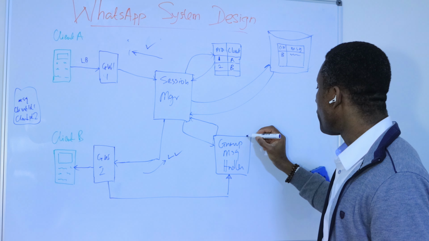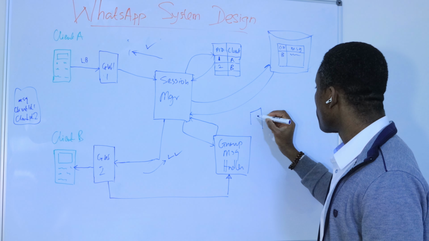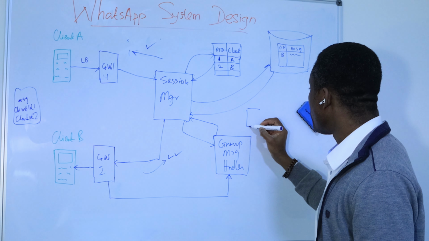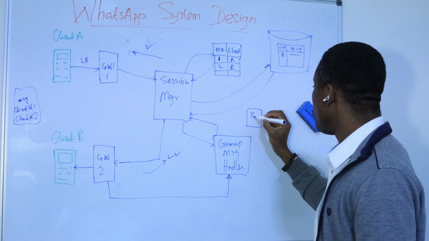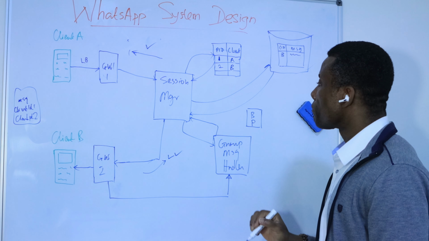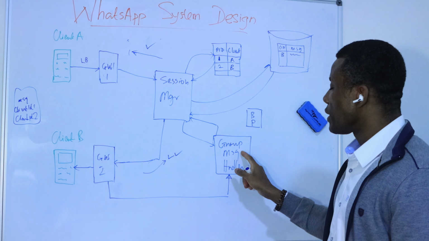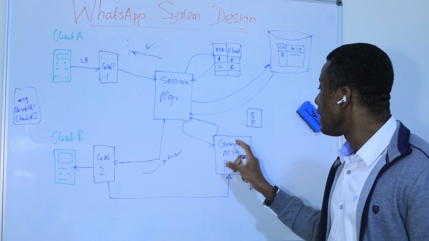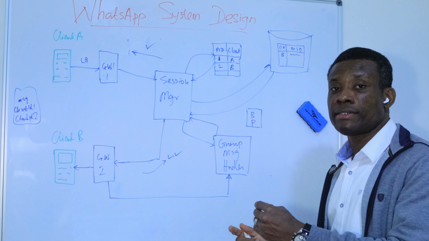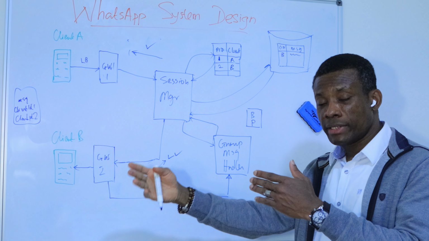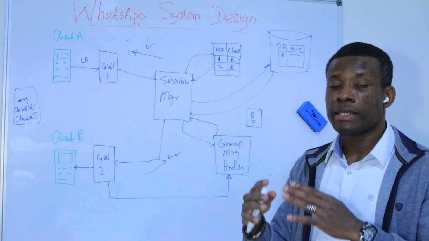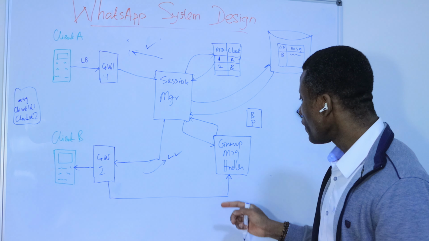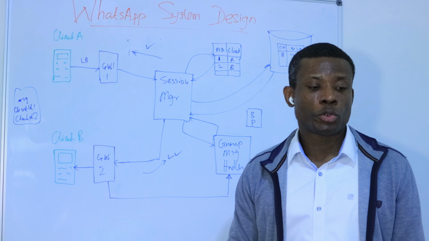So we can have a batch processor, BP, as part of the group message handler. This batch processor is going to handle taking chunks of these messages and sending them, maybe 10 recipients at a time, in batches. And it can also be done in parallel. So this is how to handle group messaging.